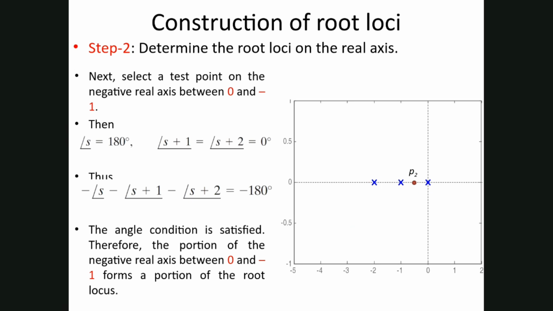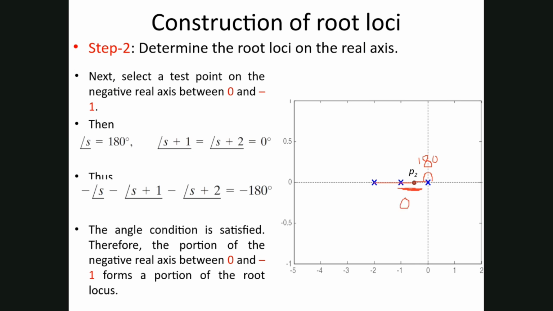So let's check the angle criteria for this one. How are we going to check this angle criteria? I'll draw the phasor from each pole: from the 0 pole, from the minus 1 pole, and from the minus 2 pole. From the 0 pole, what is the angle made to this point? It is 180 degrees. And what is the angle made by this pole at this point?